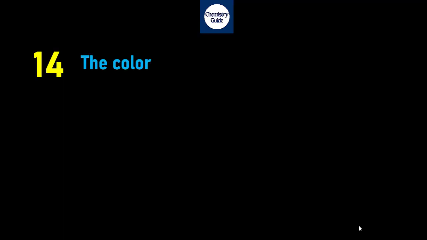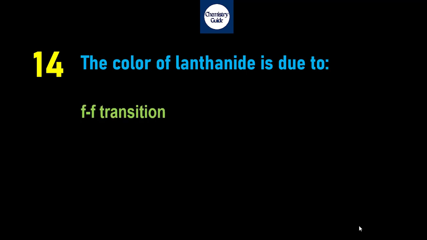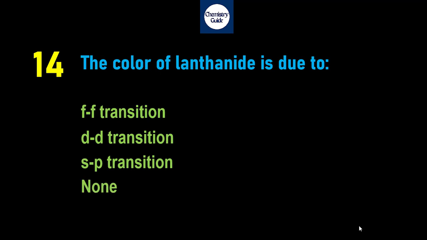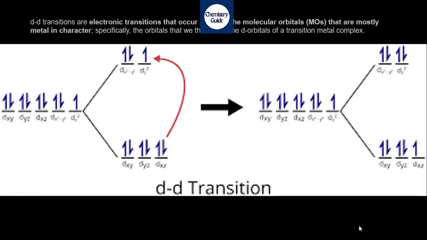MCQ number 14. The color of lanthanides is due to f-f transition, d-d transition, s-p transition, none of the above. So the right answer is d-d transition. d-d transitions are the electronic transitions that occur between molecular orbitals that are mostly metal in character, specifically the orbitals that we think of as d orbitals of a transition metal complex.